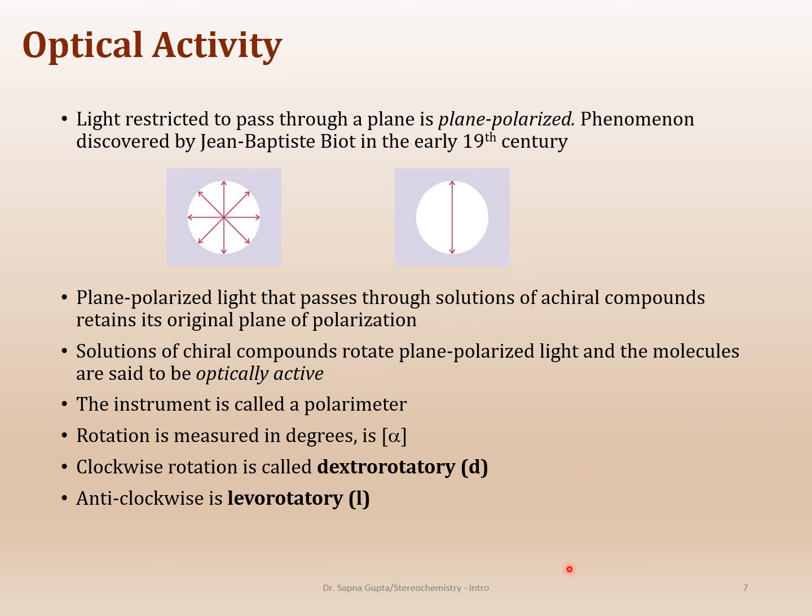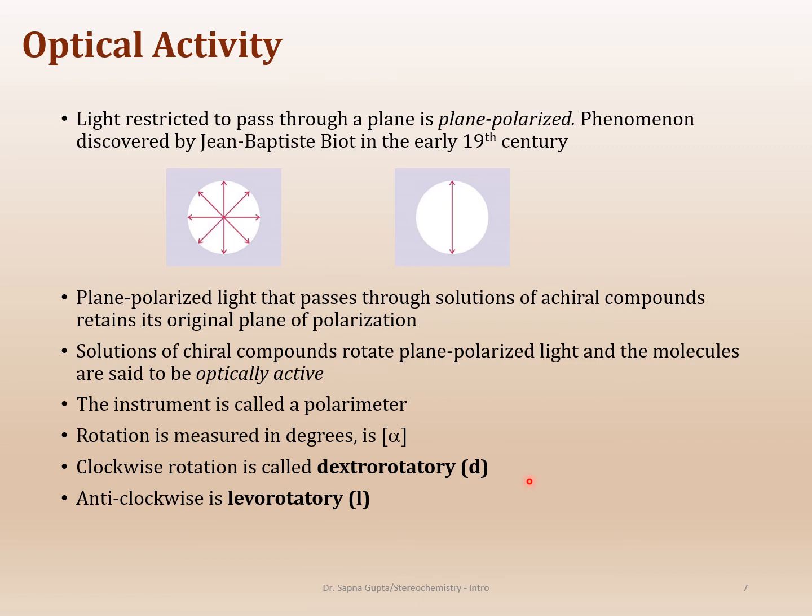Now, two words to note over here. Dextrorotatory means that the rotation of the light is clockwise, or going towards the right, and anti-clockwise is levorotatory. Dextrorotatory is small d, levorotatory is small l.